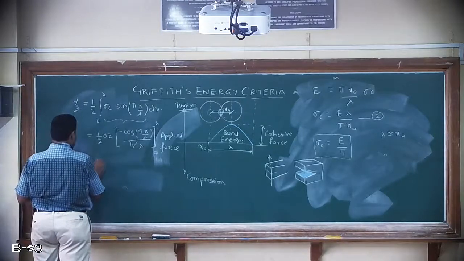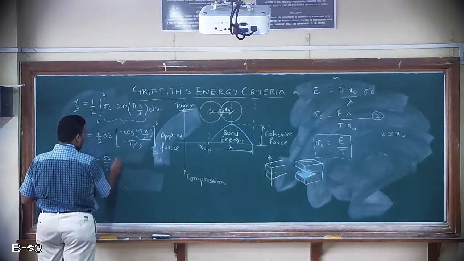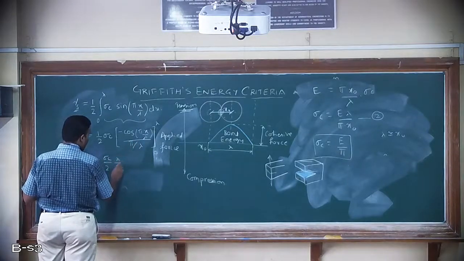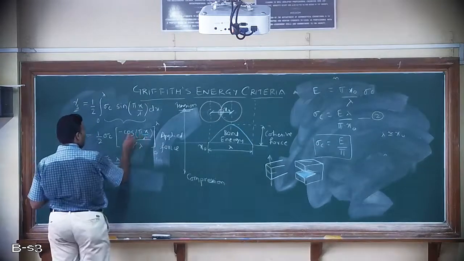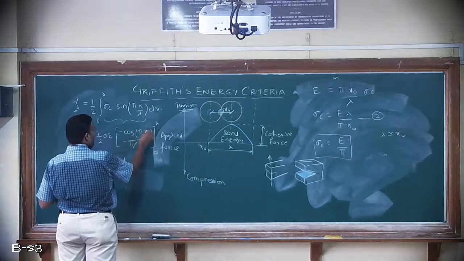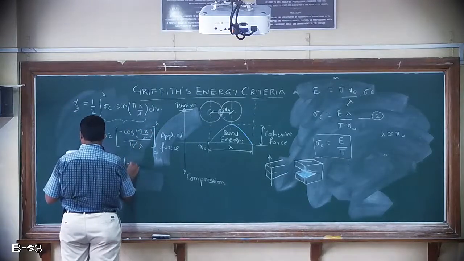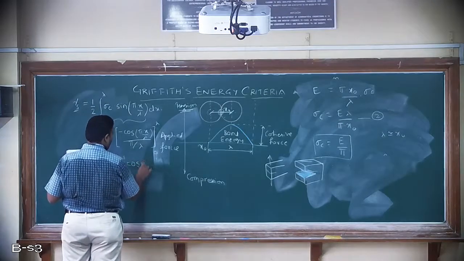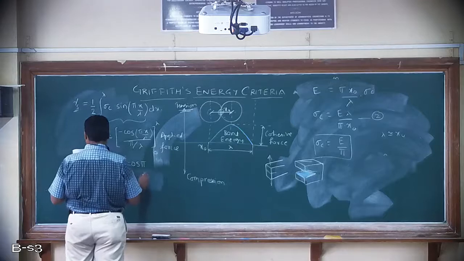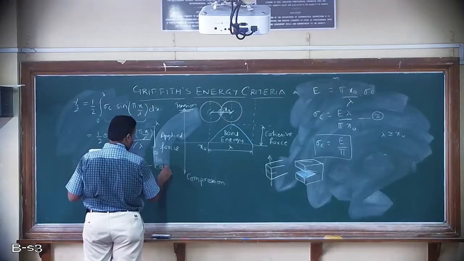Minus sigma c by 2, and since pi by lambda is in the denominator, when I take it out it becomes lambda by pi, into cos of pi, when you substitute x as lambda, lambda by lambda is 1, minus cos of 0.